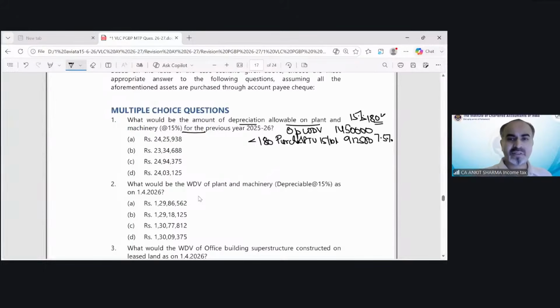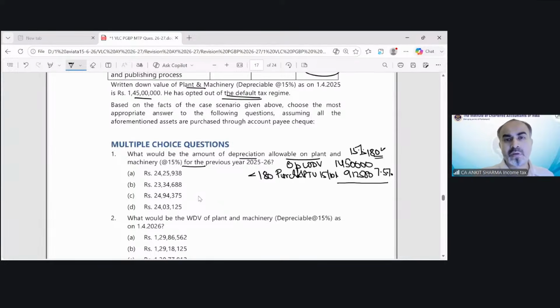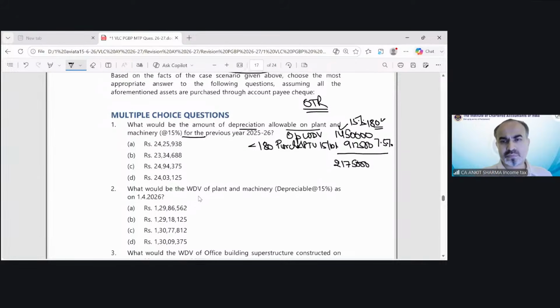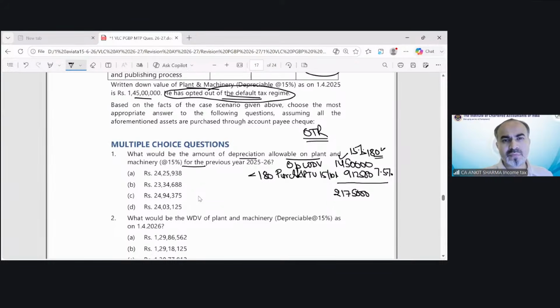Now, in this case, if you calculate, he has opted out of the default tax regime. That means we are solving it under the optional tax regime, students. Additional depreciation would be applicable. The depreciation on 14,50,000 would be 2,17,500.